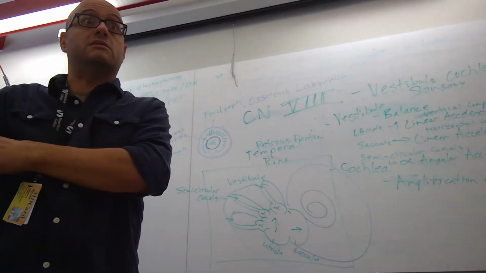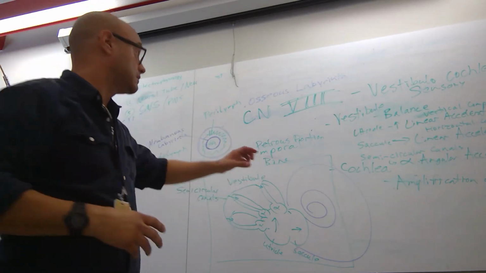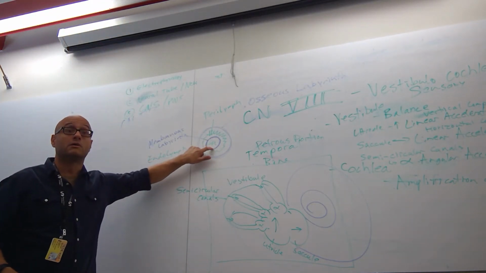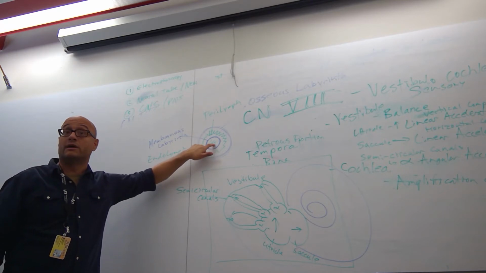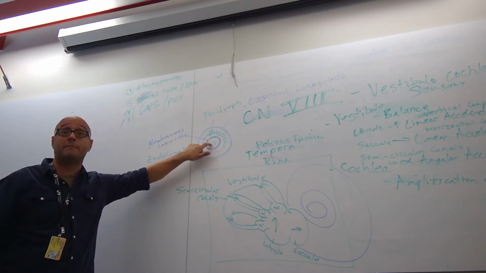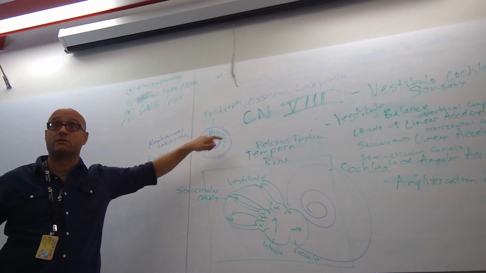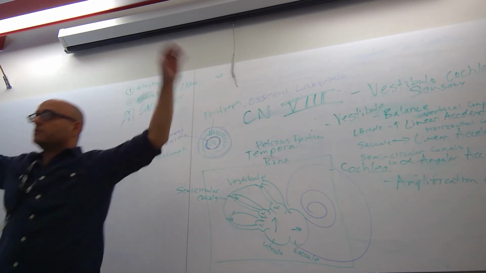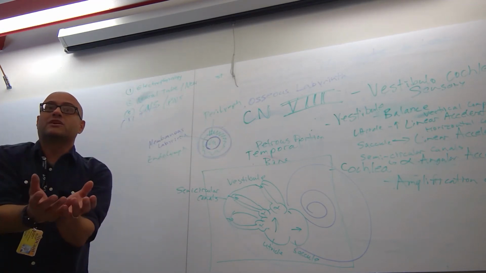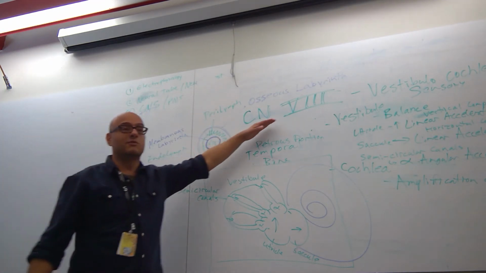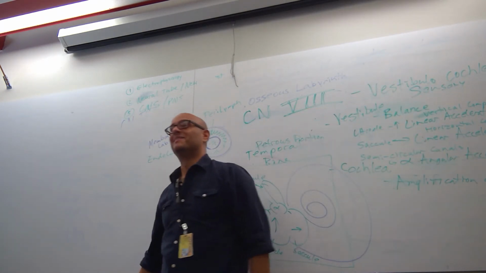And that translates into the hair cells that are in here. When the fluid moves here, the fluid in there moves. And the cells situated within that membranous labyrinth, associated with the endolymph, will move with it. When the hair cells move, they release a neurotransmitter that gets relayed through cranial nerve 8 back to the brainstem.